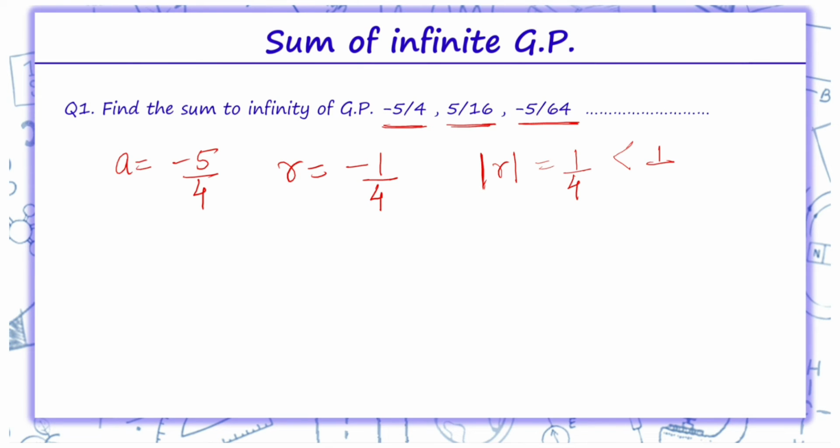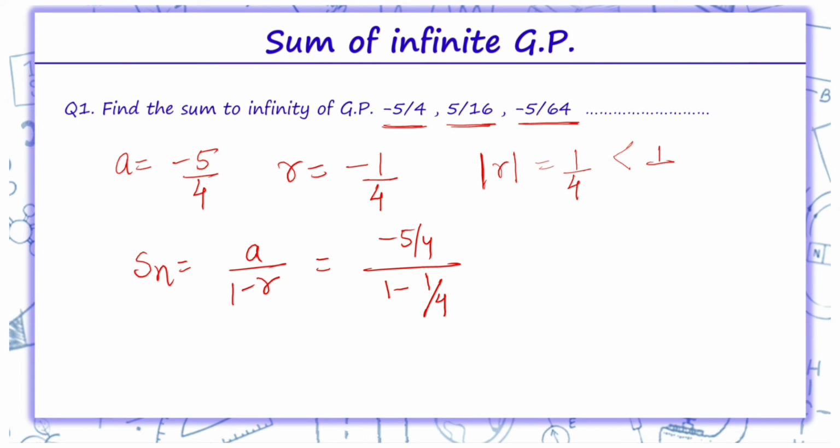So when we calculate the sum of an infinite GP, the formula is always A upon 1 minus R. It is never A upon R minus 1. Putting in the values, we get minus 5 by 4 upon 1 minus, minus 1 by 4.